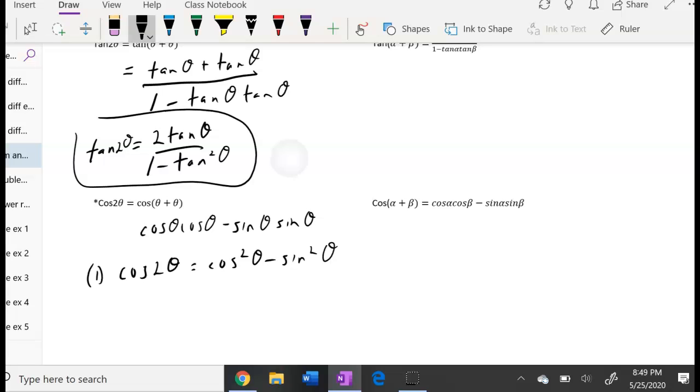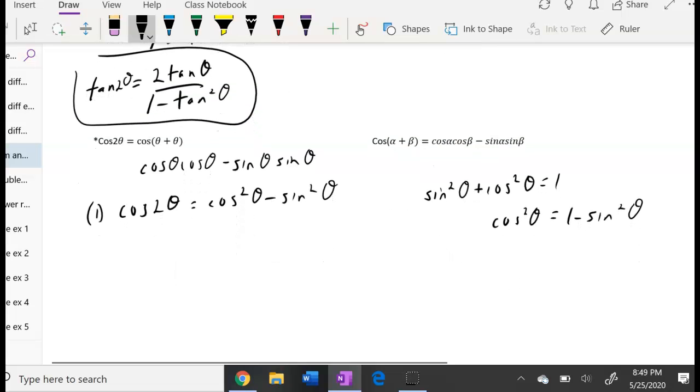But we're going to use the fact that sine squared of theta plus the cosine squared of theta equals 1. No matter how hard you try to get this established identity to look like this, there's nothing you could do to make it minus. But what you can do is rewrite the cosine squared as 1 minus the sine squared.